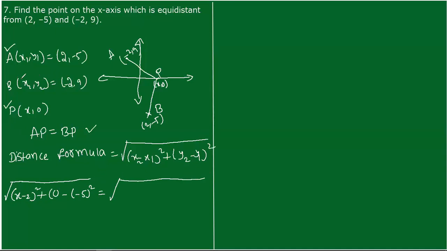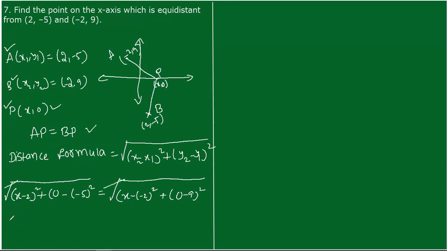BP means we should consider B and P. So again I can write (x minus of minus 2) whole square plus (0 minus 9) whole square. Here one more thing: I have an equal symbol, and on LHS and RHS both sides I have a square root. It's a common thing, right? So I can cancel it.